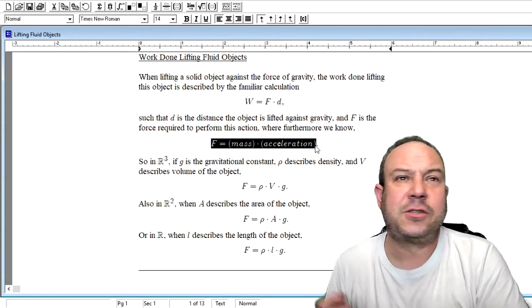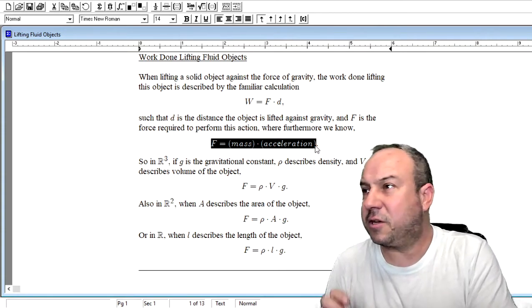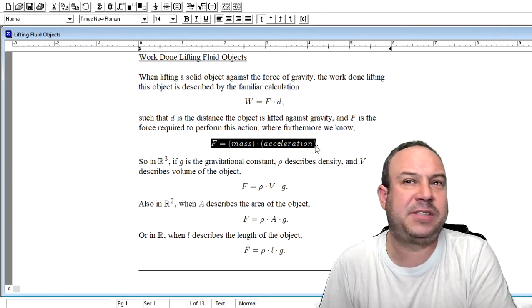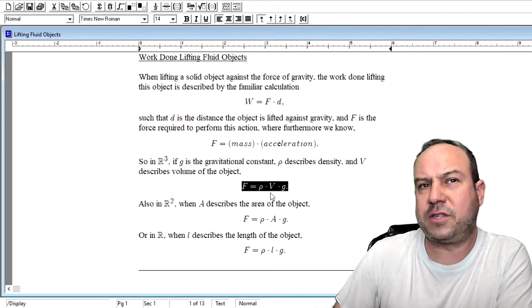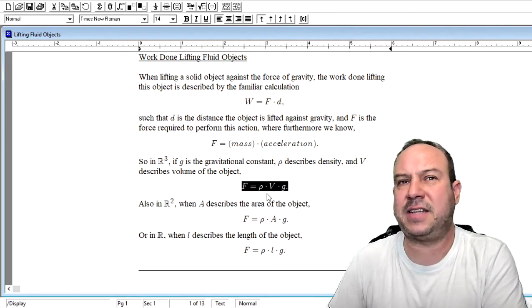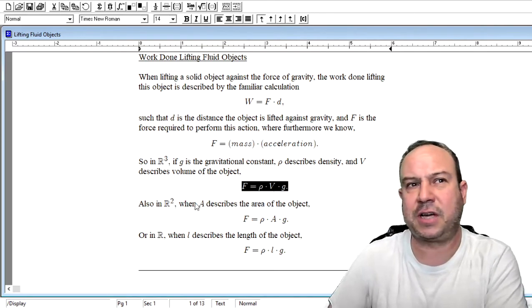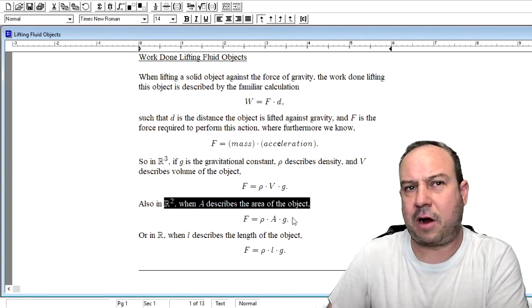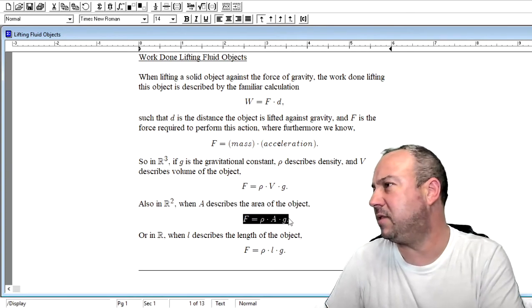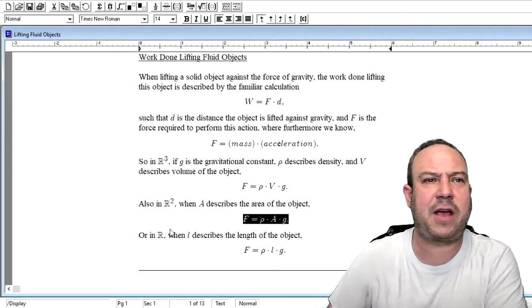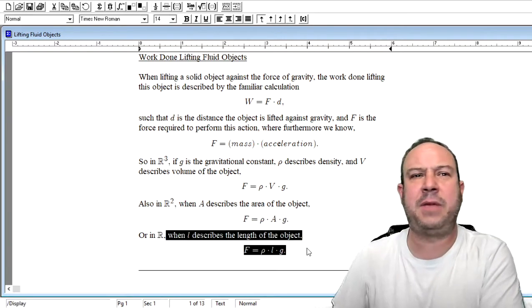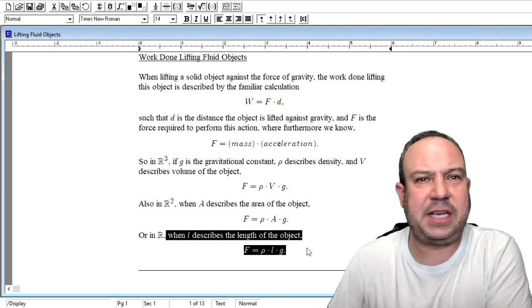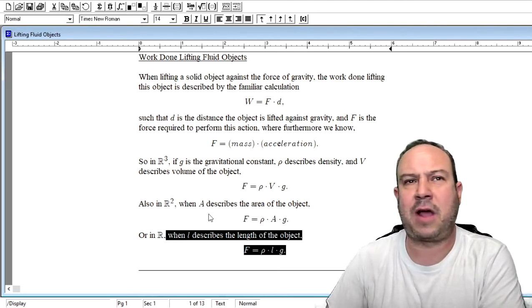So in R3, if g is the gravitational constant, rho describes density, and V describes the volume of the object, force is really just given by density times volume times the gravitational constant. Whereas in R2, force is rho times area times the gravitational constant. And in the case of one-dimensional space, force is the density times length times our gravitational constant.